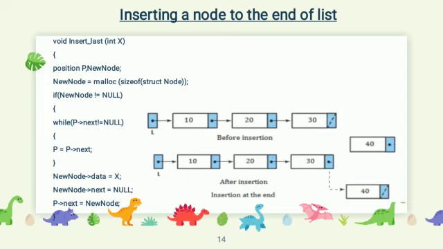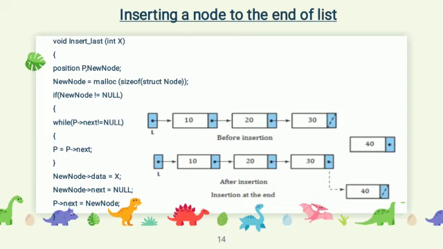Here we find the position of the last node by using a while loop. We execute the line p equal to p of next until p of next equal to null. That means the end of the list. Now, the position p points to the last node of the list.